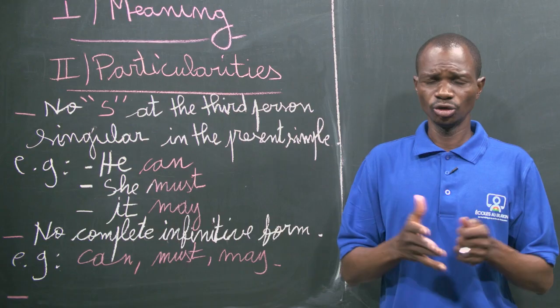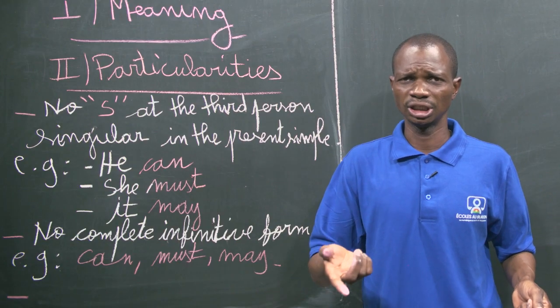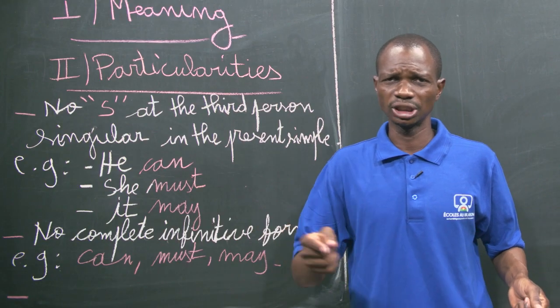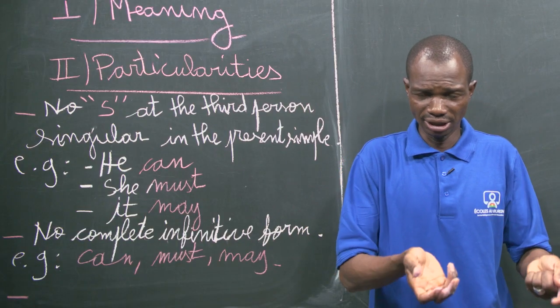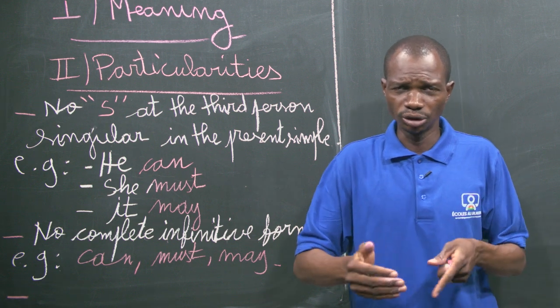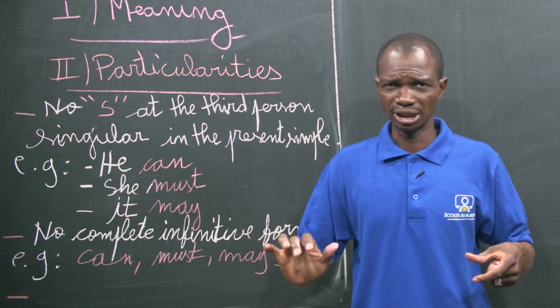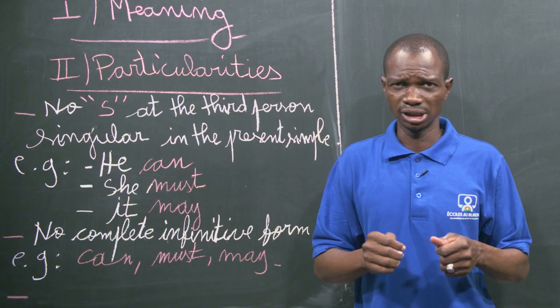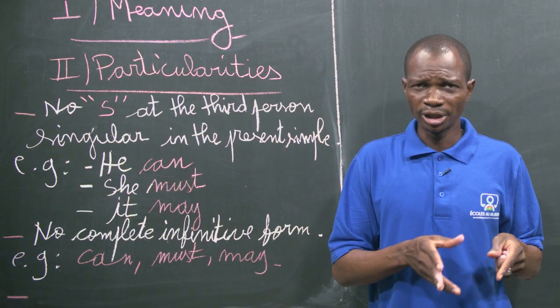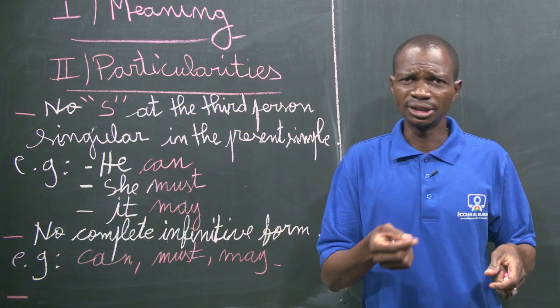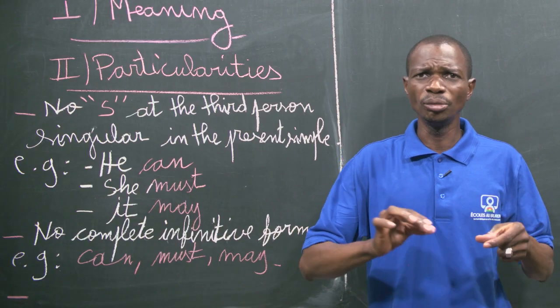For example, I want to drink some water. Je veux boire de l'eau. In French it is said that when two verbs follow each other, the second one takes the infinitive. It is the same thing in English: when two verbs follow each other, the second is used with the complete infinitive.